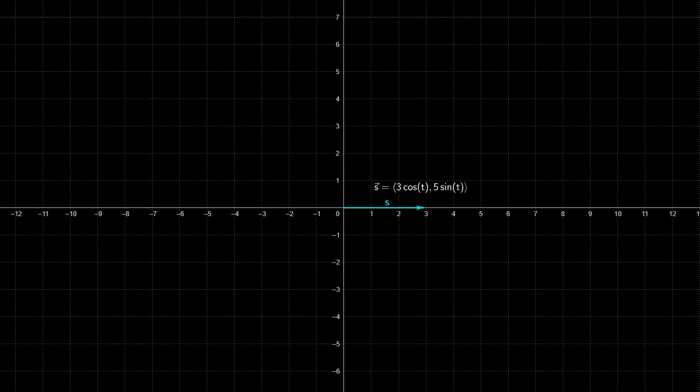When we let this go, in the x direction we get 3 but in the y, it still goes to 5 and -5. This makes an ellipse, where the number in front of cosine gives us the x radius, so to speak, and the number in front of the sine gives us the distance we go in the y. So that gives us a really quick way to do ellipses as well.